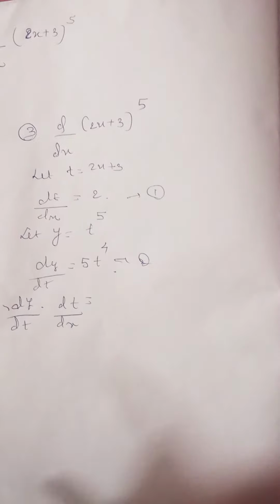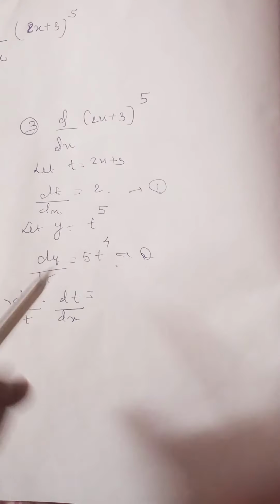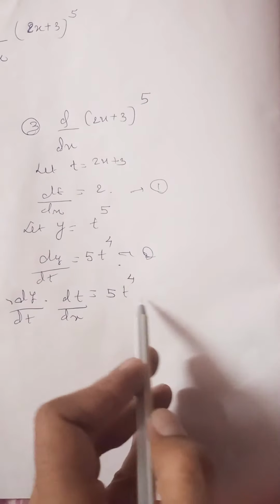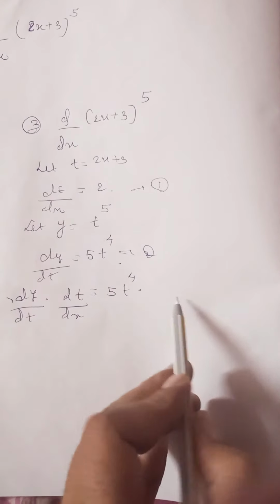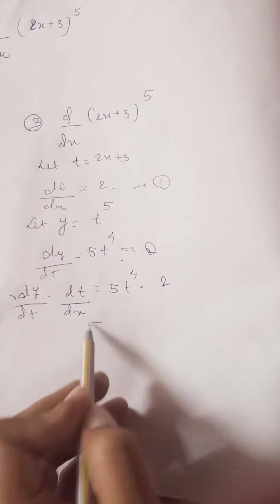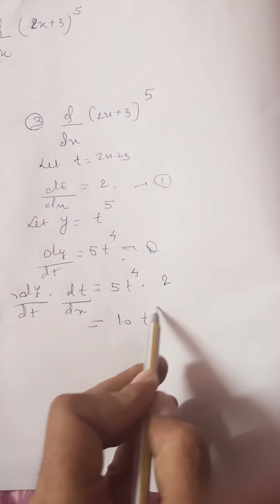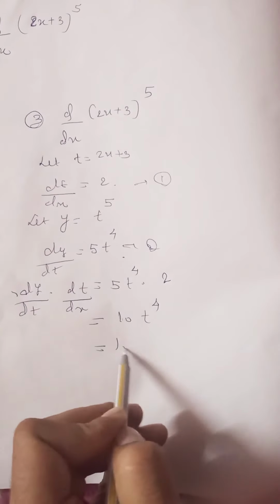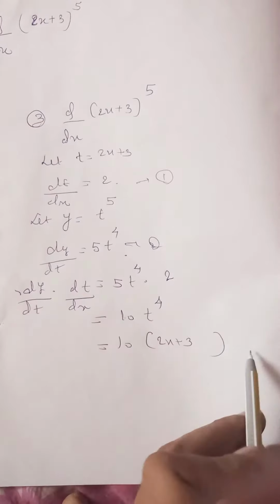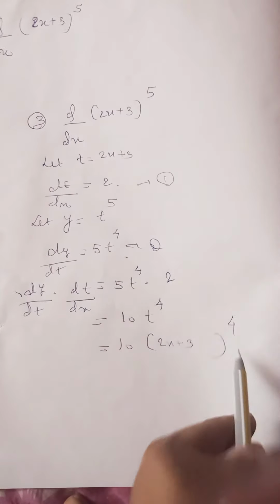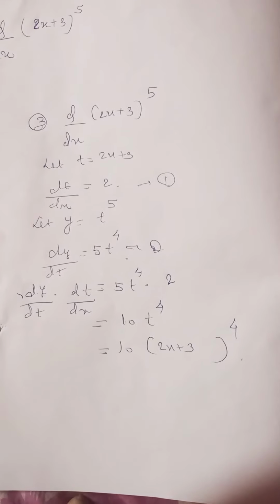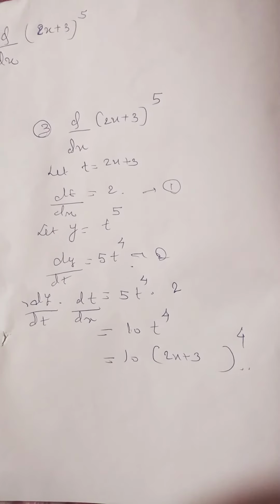So dy upon dt is 5 into t to the power 4, into dt upon dx, which is 2. It will be 10 t to the power 4. That means we can write t here as 2x plus 3, so (2x plus 3) to the power 4. So this will be our answer.